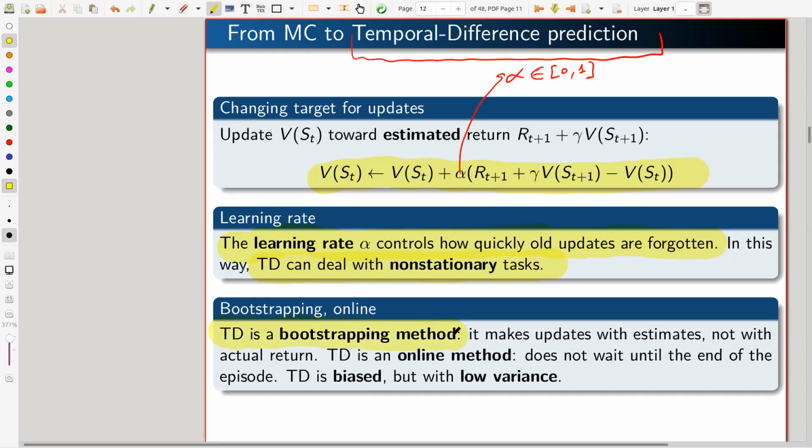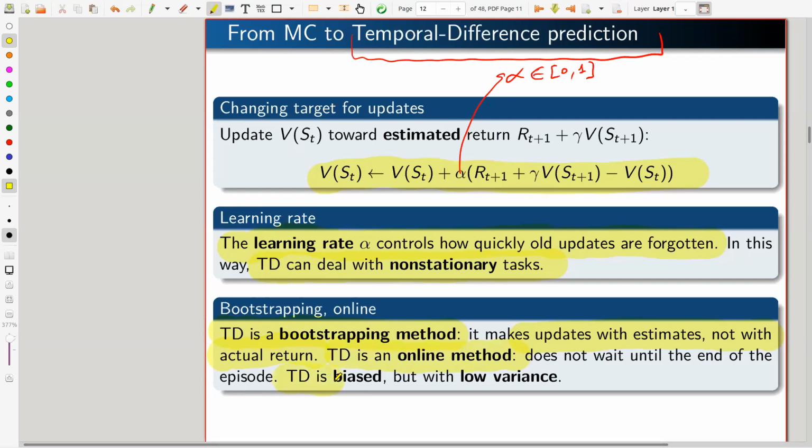This is a bootstrapping method, which means that it updates the estimates not with the actual return but with other estimates. It does not wait until the end of the episode. I told you this is usually a good thing, and when this happens, the algorithm is called an online algorithm.